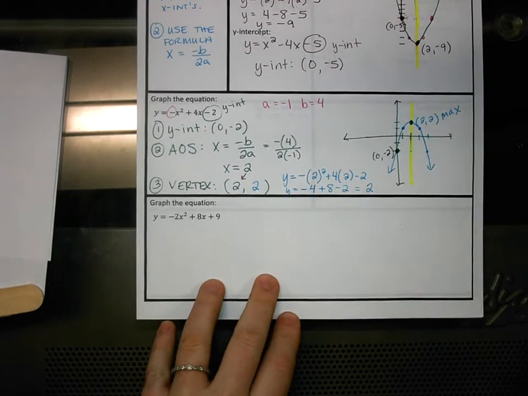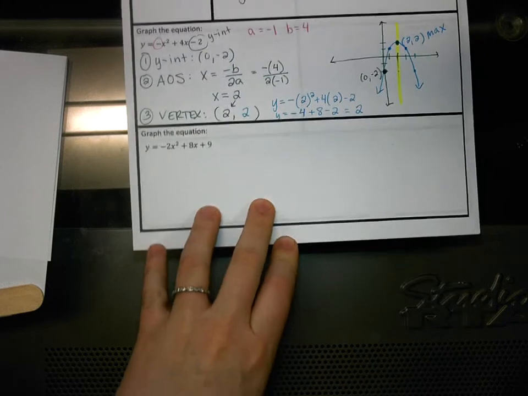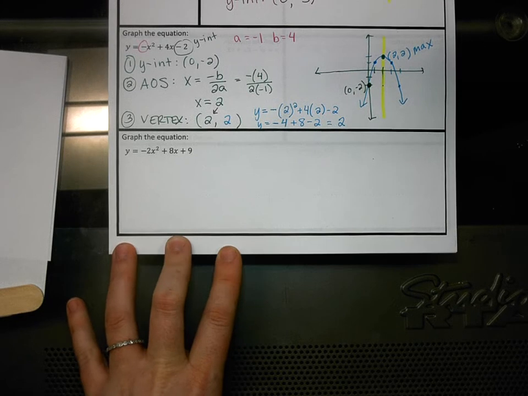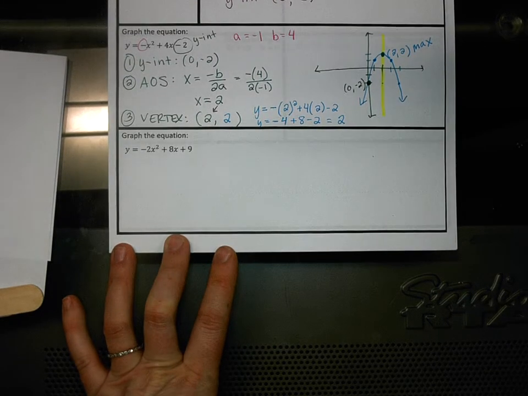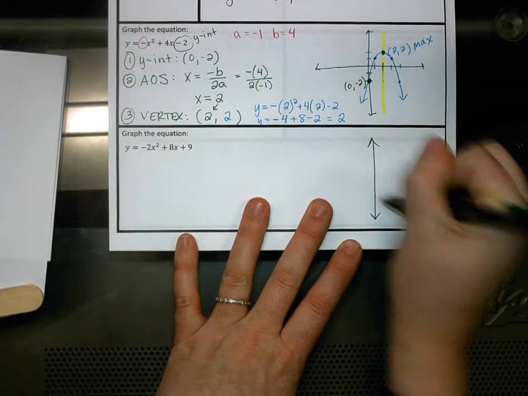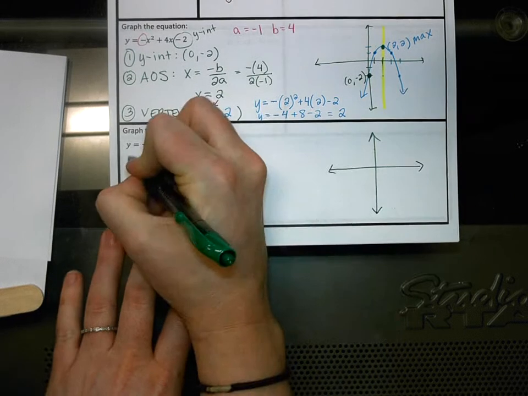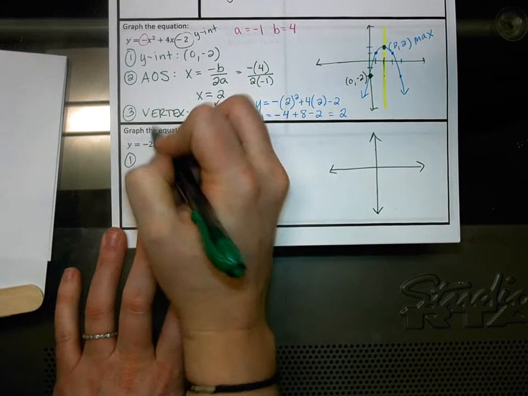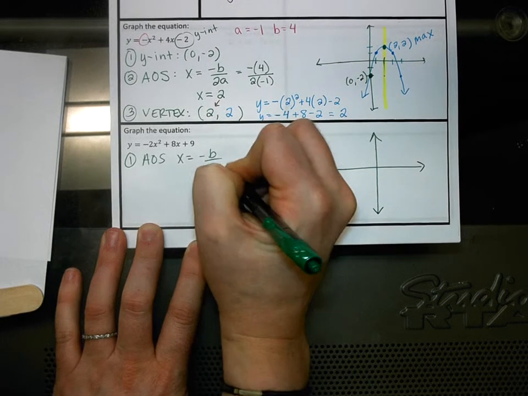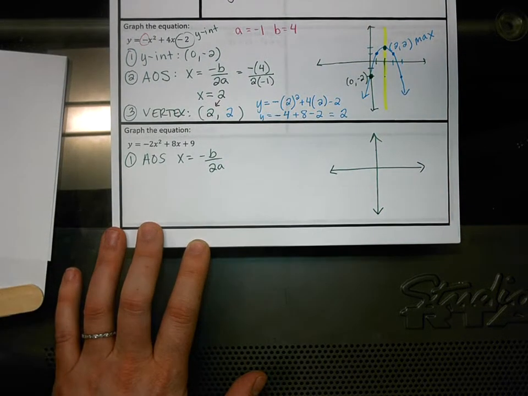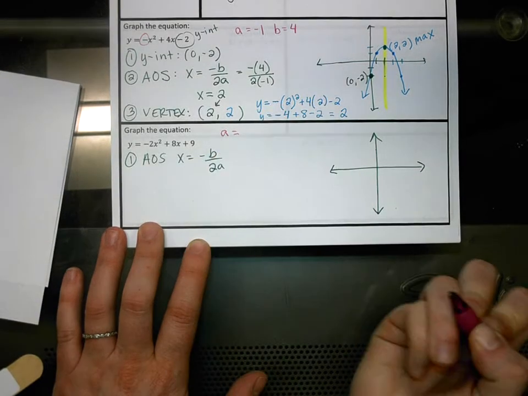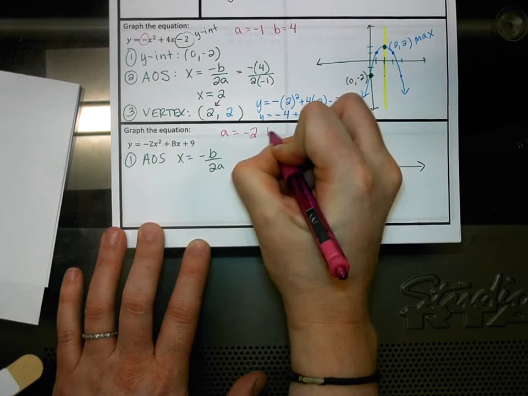Questions about that example? All right, one more together, and then you can do the back side on your own. Tatum, what should I start with? Axis of symmetry. Awesome. And remember, you could start with the y-intercept like we did on the last one. Doesn't matter, but we're going to start with the axis of symmetry. Tatum, what are my a and b values that I need to plug in? Very good.